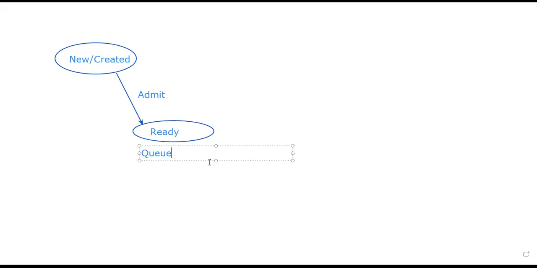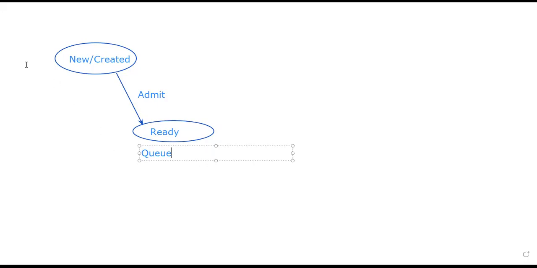Can you go directly to the counter person and say, look here, take my money and deposit this cash? No. If there is a queue, then you need to wait in the queue. Like that, here also there is a queue. The processes will be in the queue. So directly from the created state, it can't go to the running state. It must come to the ready state. Then it will go to the running state.